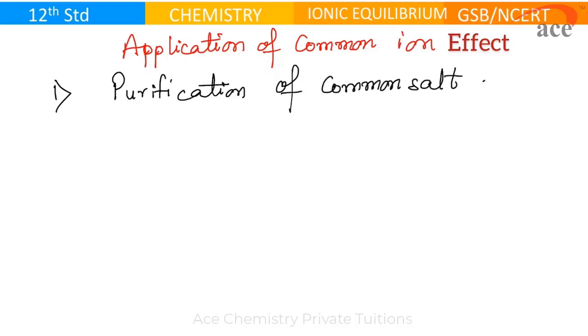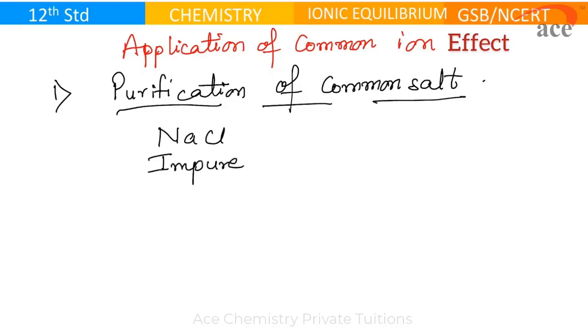Now purification of common salt, that is NaCl, we pass HCl gas. Basically, we take impure solution of NaCl, and from that impure NaCl we want pure NaCl precipitating and coming out as solid. So right now we take NaCl being impure, it will not dissociate completely.